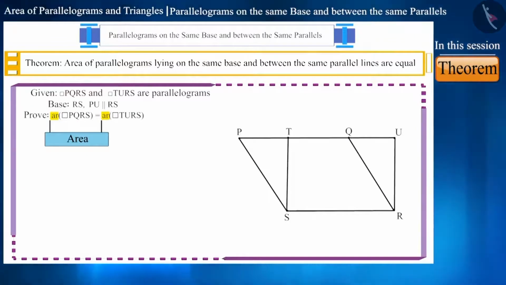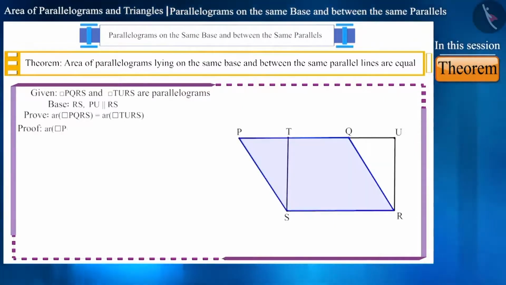Looking at the figure, we can say that the parallelogram PQRS is made up of triangle PTS and quadrilateral TQRS combined together. That is, quadrilateral PQRS is equal to triangle PTS plus quadrilateral TQRS.